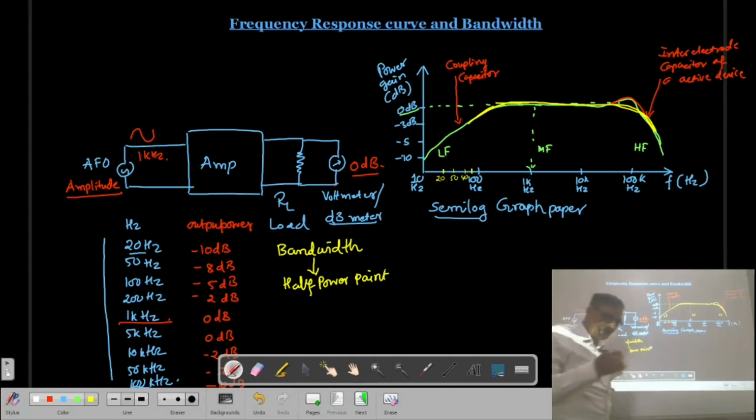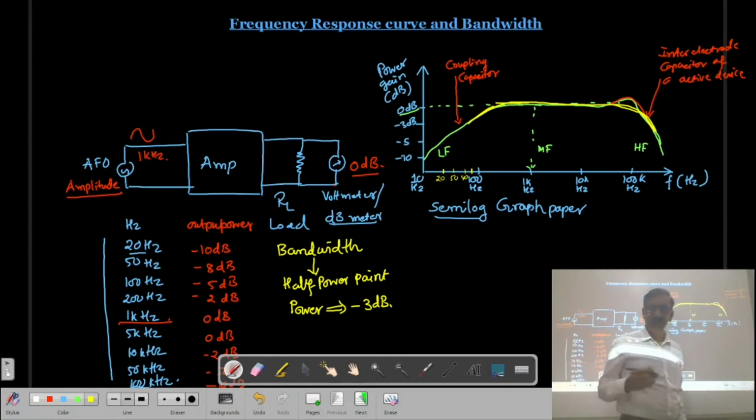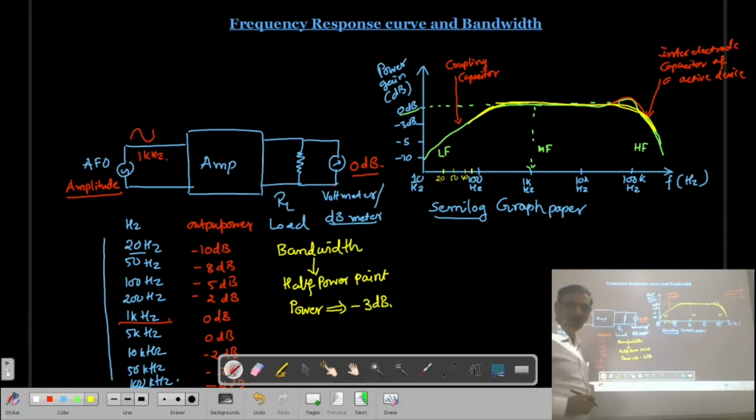And when the power is going to be half, then if you calculate this power in dB, that will be minus 3 dB. Remember, for the half power point, the power of the amplifier will always be minus 3 dB. Then you can calculate 10 log Po by Pi, and you can put Po equal to Pi by 2, and you will find it is minus 3 dB.